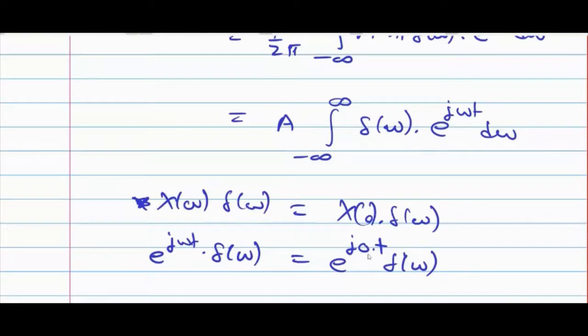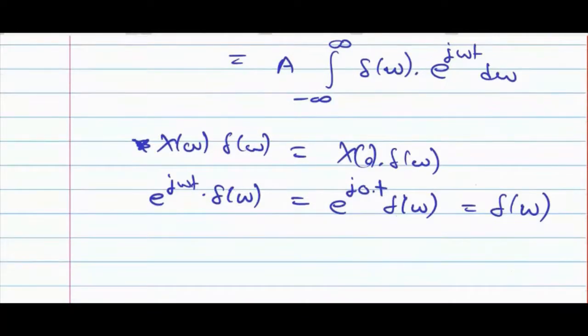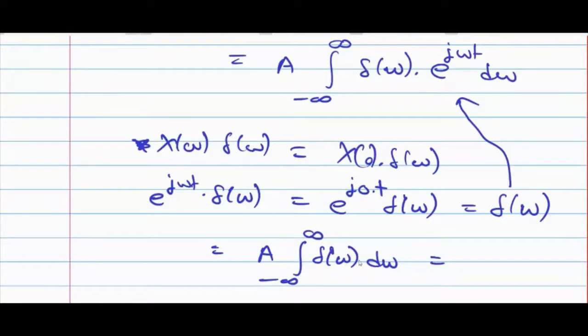That means e raised to 0 is 1. So this becomes delta omega. So substitute here. This becomes A times integration minus infinity to infinity delta omega d omega. Area under impulse is always 1. So its answer is A. So the inverse Fourier transform x of t is A.